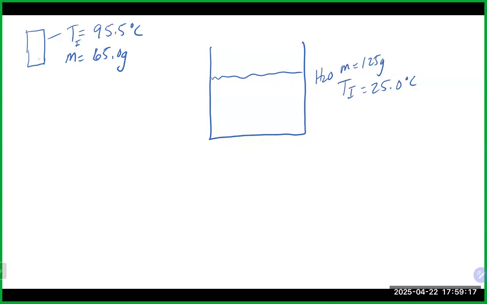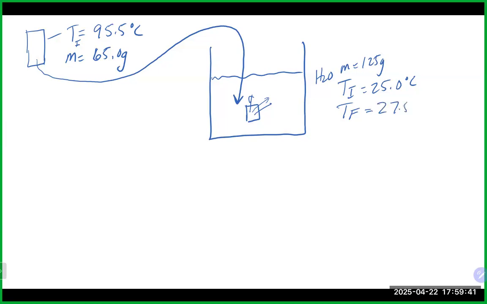I throw this hot piece of metal into my water here. Heat is going to transfer which way? From the metal to the water, or the water to the metal? Yeah, the metal's much hotter, so it's going to release that energy right to my water. We would see our water's temperature increase a little bit, to about 27.5 degrees Celsius.